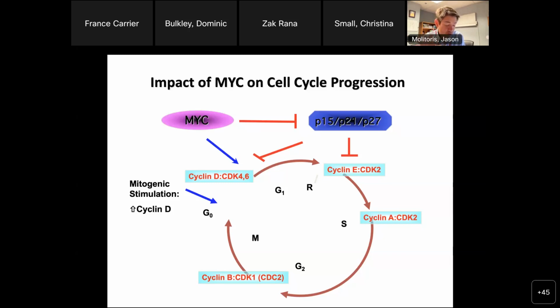And downstream, cyclin E, CDK2 and cyclin A, CDK2 complexes antagonize association with P15, P27, and P21. So P15, P21, and P27 can block the cell cycle prior to the S phase. MYC will block those proteins, thereby allowing the cell cycle to go.